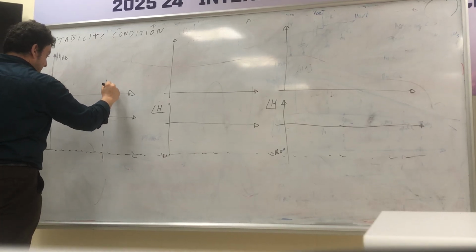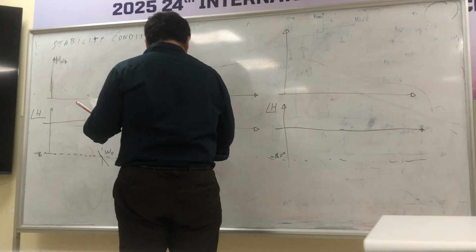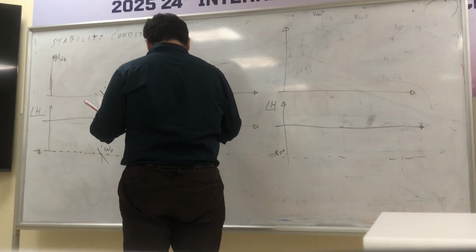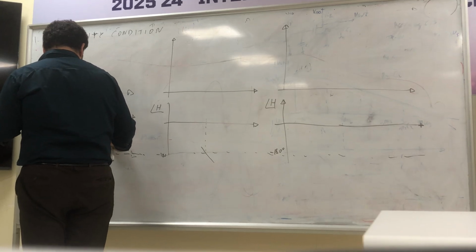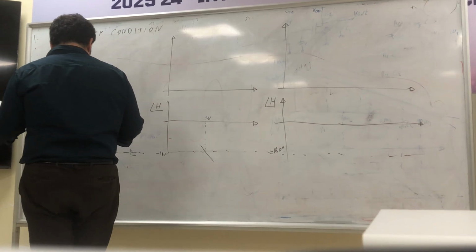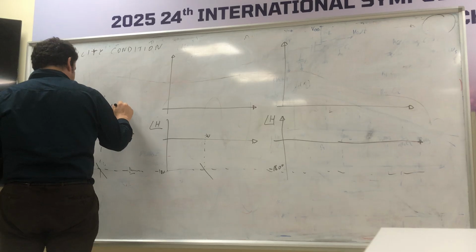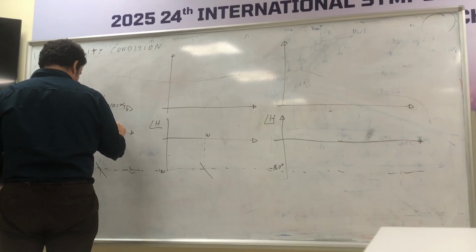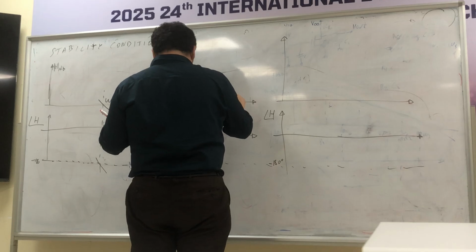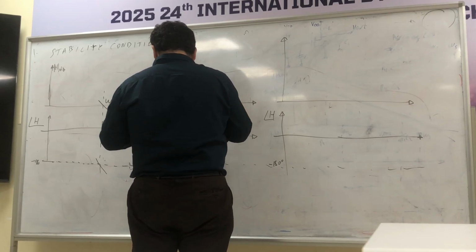Here my omega 0, and here my omega 0. Here I have omega t and omega pi.